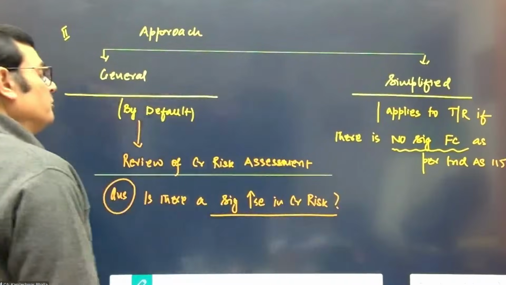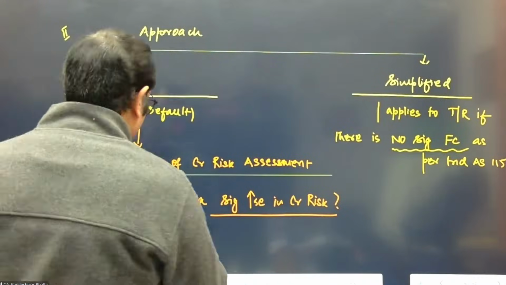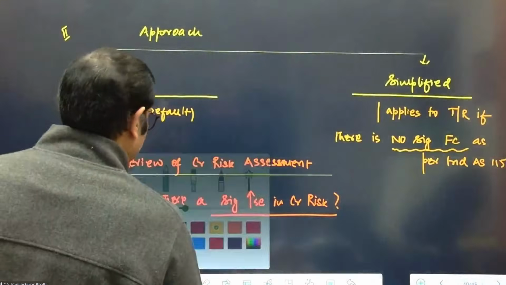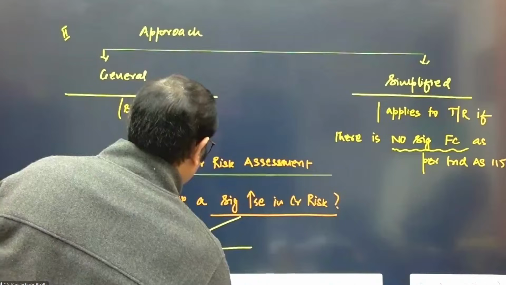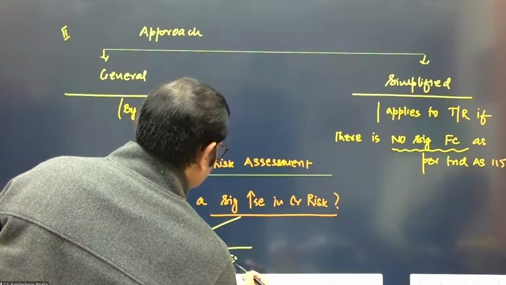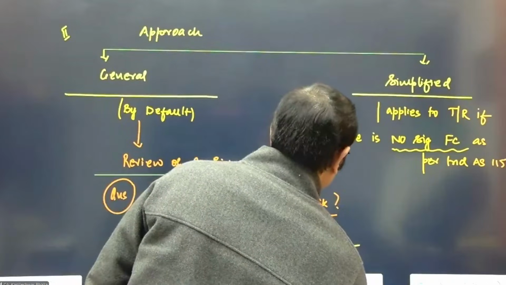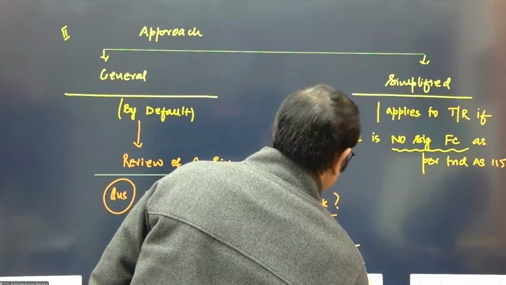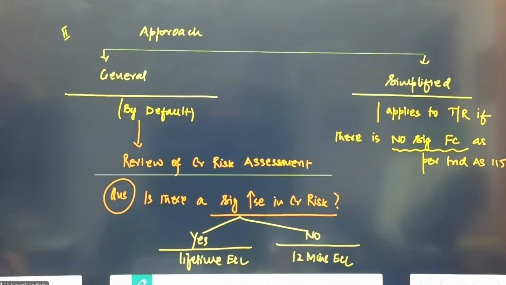Now, when you say yes, there is a significant increase, then we apply a lifetime ECL. And if you say no, there is no significant increase, then the concept of 12 months ECL would apply.